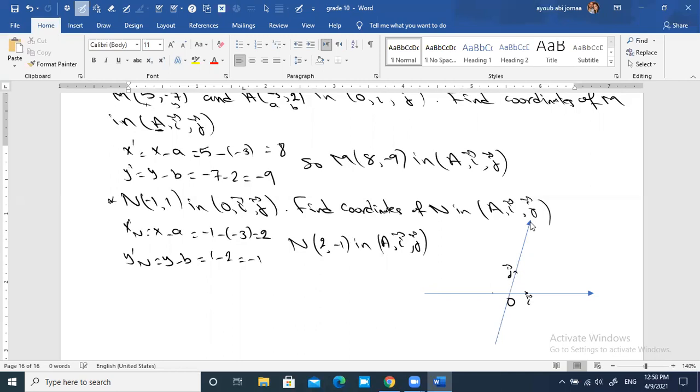So -1, -2, -3, 2. Here we have 1, 2, parallel. And from here draw a parallel. This is the origin A, the new origin A. Point N has coordinates -1, 1. Here is point N, in the old system, -1, 1.